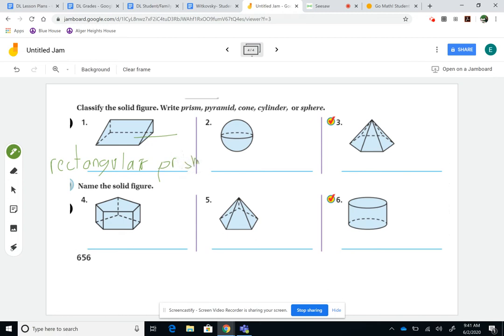And then the next one is like a ball, so that would be a sphere. The next one has a base shape, but then they all come to a point, so that's a pyramid, and I'm going to get fancy and name that pyramid. It has 1, 2, 3, 4, 5, 6, so it's a hexagonal pyramid.